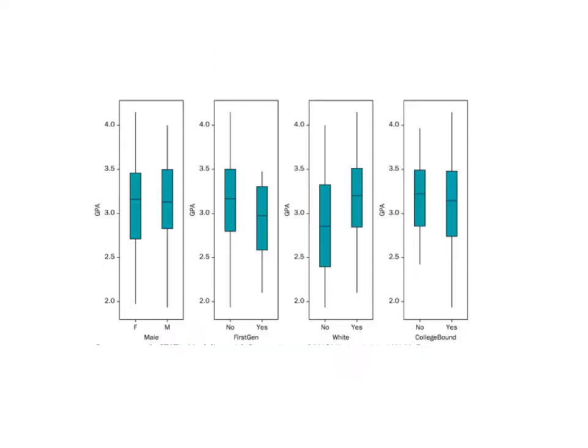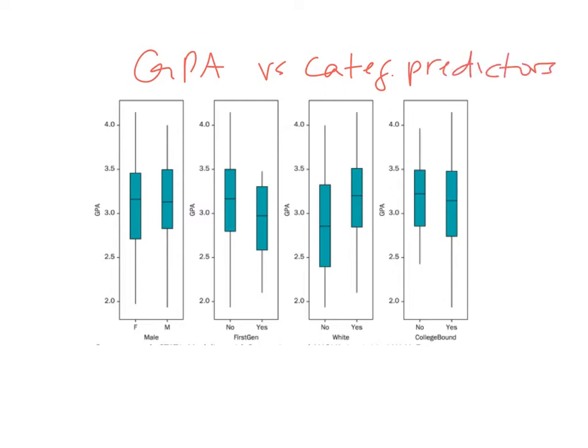The next graph shows GPA versus each of the categorical possible predictor variables. Again, you can take a look at this data and see which categorical variables might be helpful in predicting GPA. For now, we're not going to consider any interaction or higher order terms, so let's just try and keep it simple to begin with.